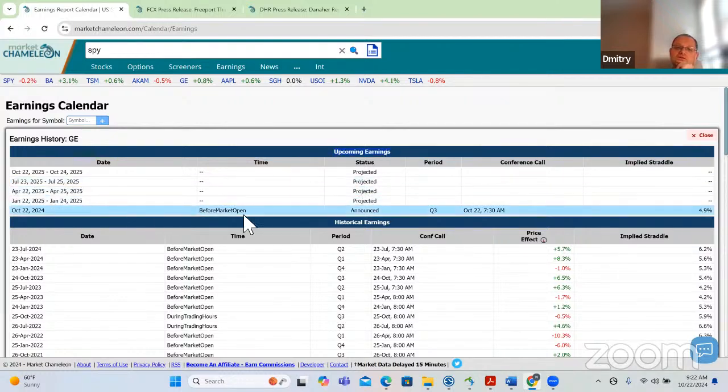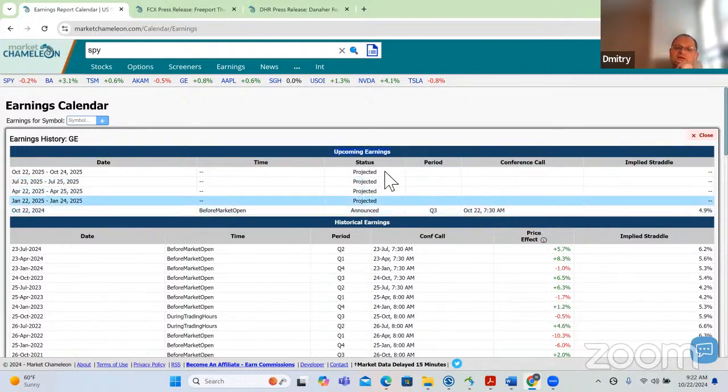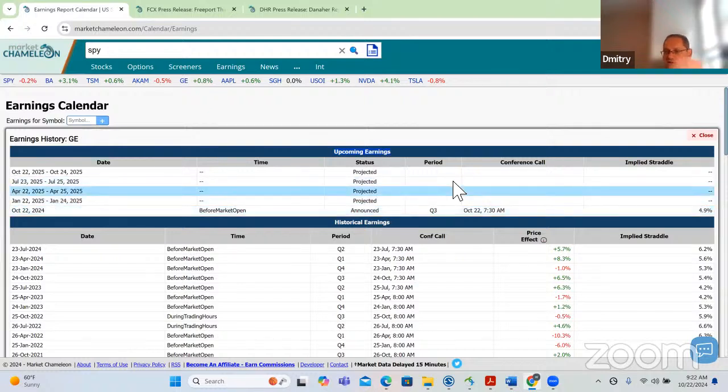This is the next one, and these are projected going forward, because unless the company announces the actual dates, we don't know. So the next best thing is we look at the history, the pattern of how they reported, and try to project the next ones.